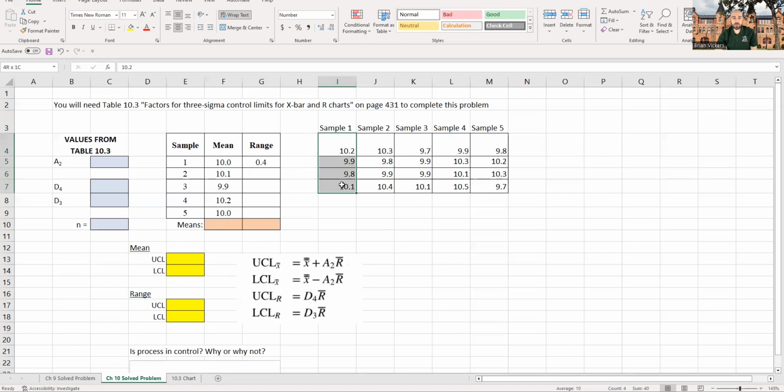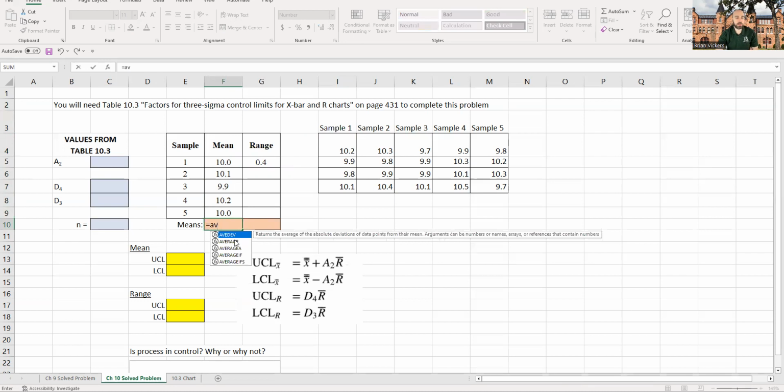So these are your samples, and samples are X's, and a bar over the top of it would say the average of your samples, the mean of your samples. X double bar would say, I've got the average of all my samples. So I need the mean of the means, the average of the averages at the bottom here. And now I've got X double bar.